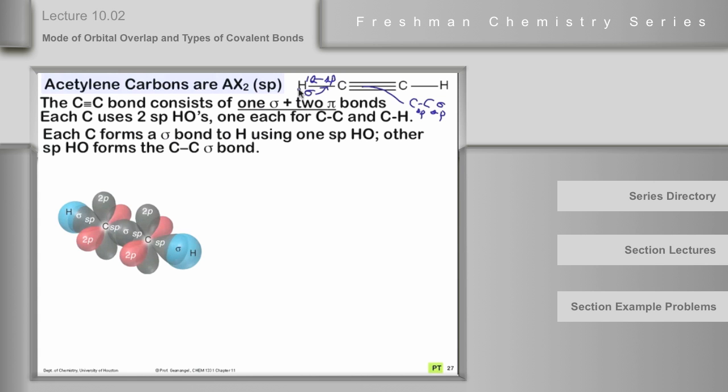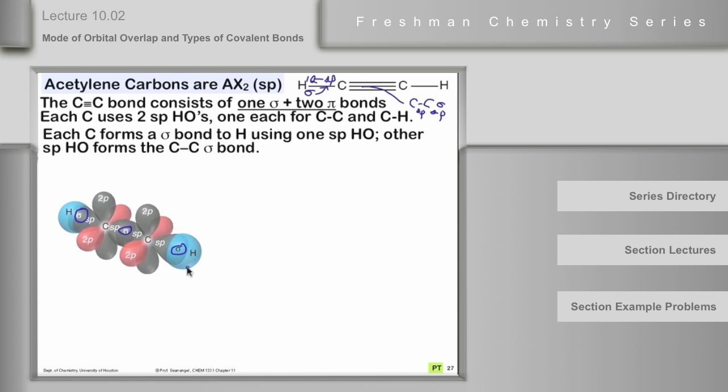So this is sigma. And a sigma bond to the other carbon using sp hybrid orbitals. Now, if you look down here, there's one of the sigmas. There is the carbon-carbon sigma bond. And here is the other sigma carbon-hydrogen bond right there.